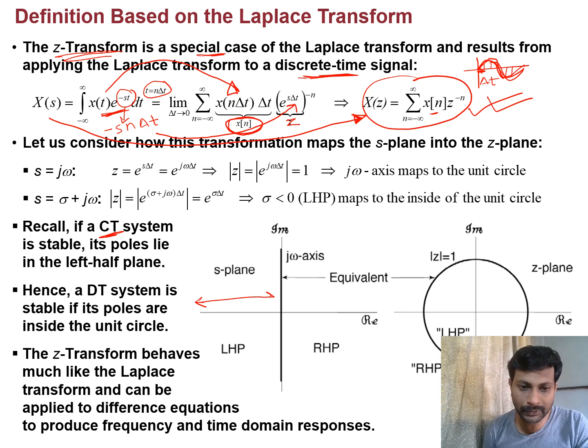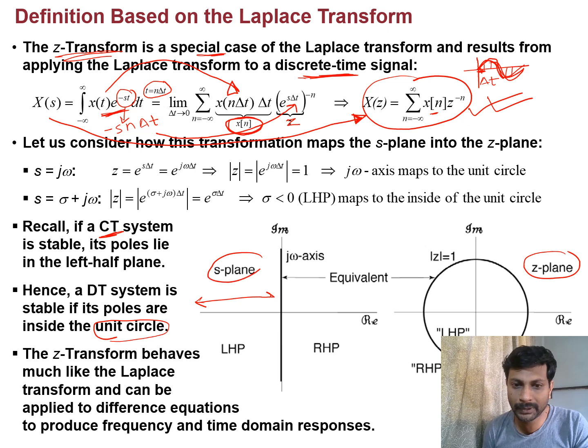Now there's a question, what is the unit circle? Just like in the Laplace domain we have the S plane, here we have the Z plane. So the S plane can be represented in the Z plane. In the Z plane, similar to the S plane, we have a real axis and an imaginary axis, and this circle has a radius of unity.